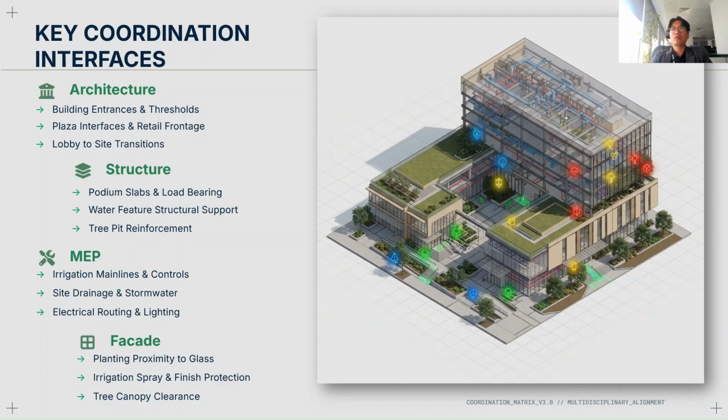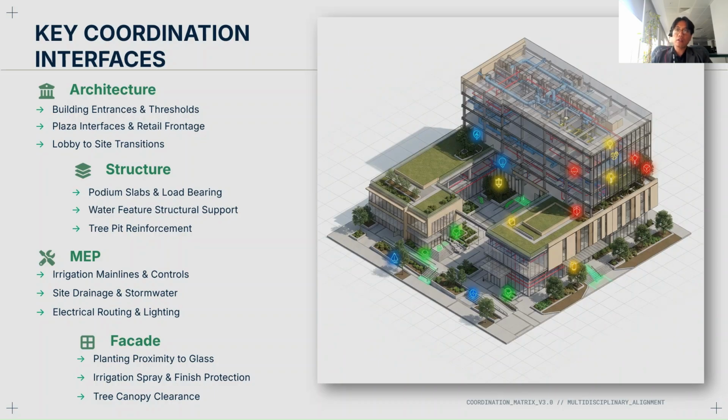On the structure side, we coordinate with the slab, loading objects, water features, structure support, tree pit, tree soil depth, and tree pit reinforcement, as well as the MEP system and facade system.